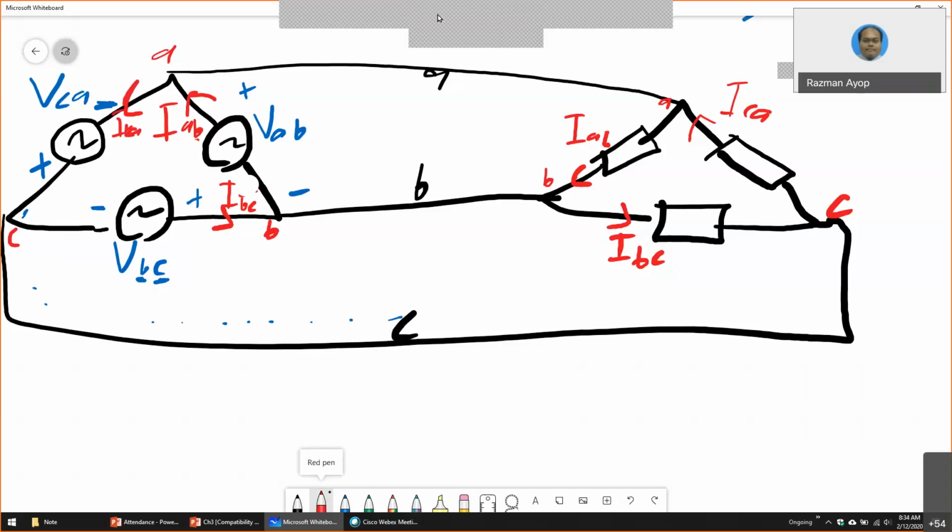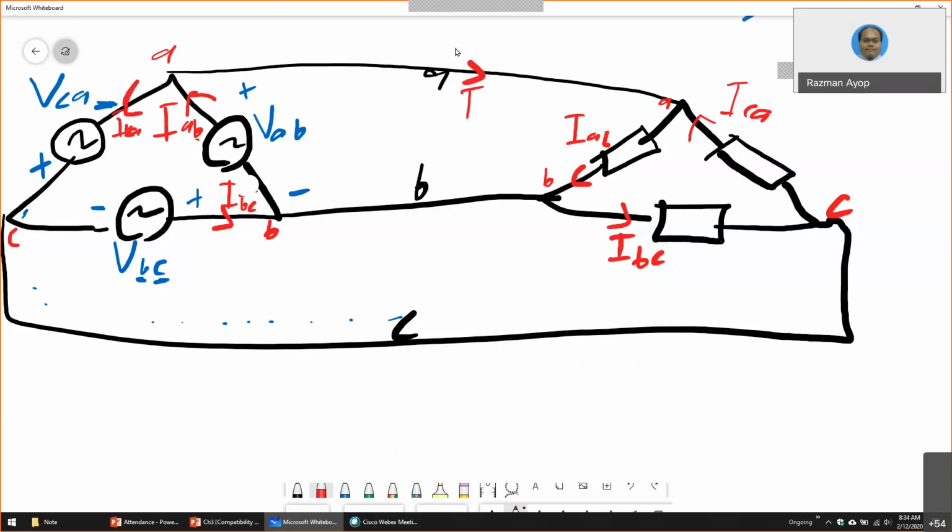Don't forget to label the line current. This one just follows the phase. So IA, the line, this one is IB, this one is IC.